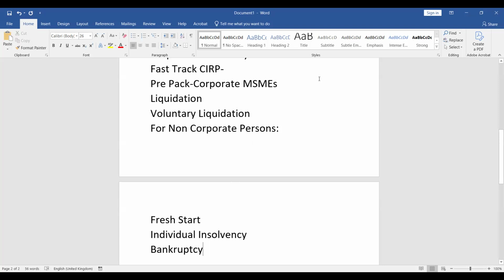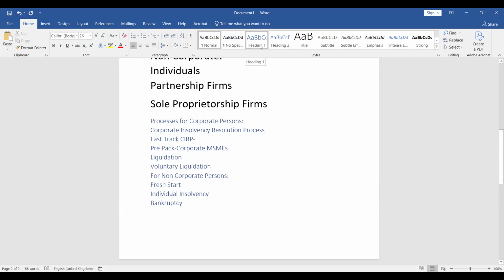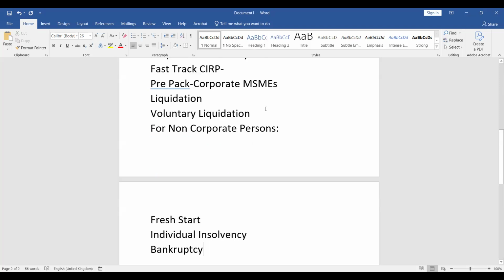Then this individual insolvency, whereby the individual or the partnership firm which is facing insolvency issues is required to submit a repayment plan as to how it proposes to repay the debts. And in case that is not possible, then bankruptcy is there. So these are the various processes.